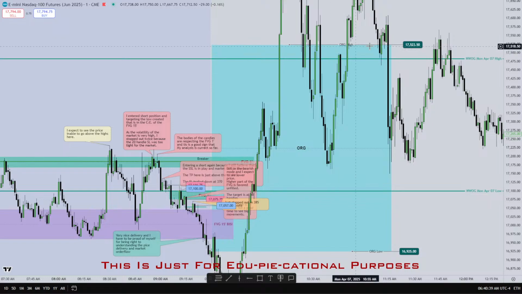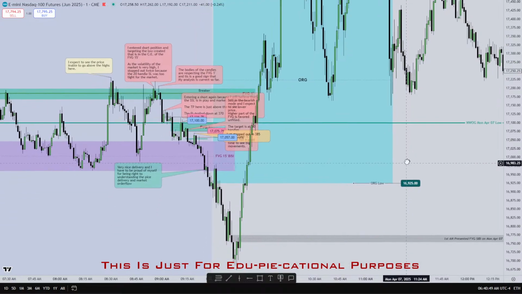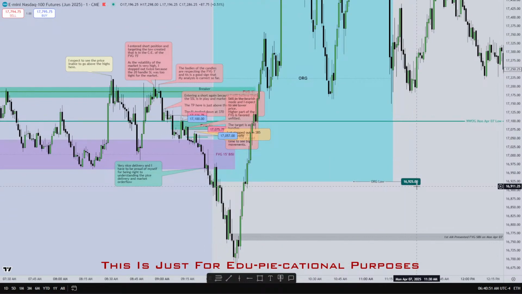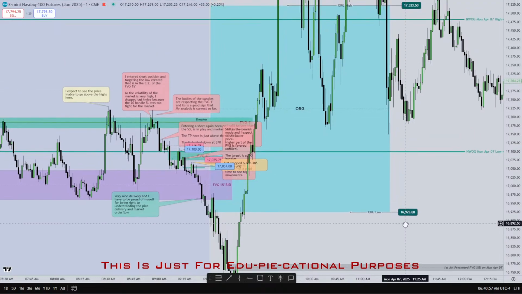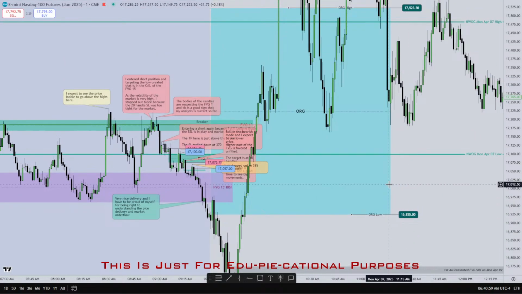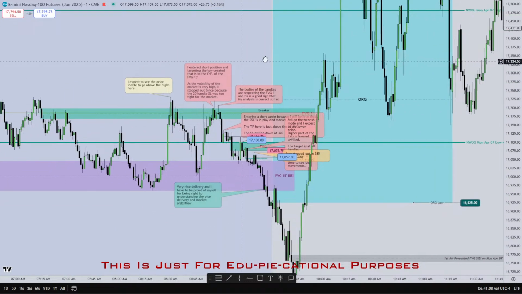The settlement price on Friday was 17,523.50, and we opened yesterday's market at 16,925 even, which is a very large gap, as you can see. I marked the midpoint of the gap as our CE, which is very important.